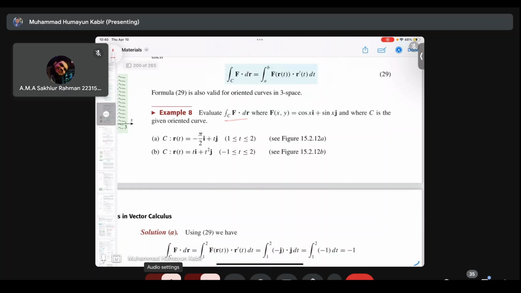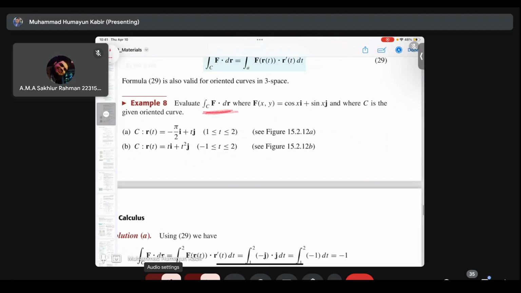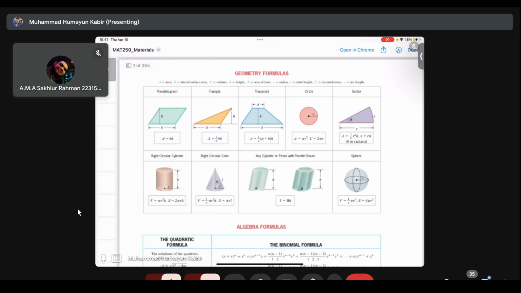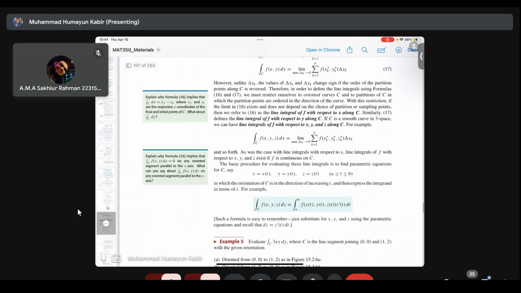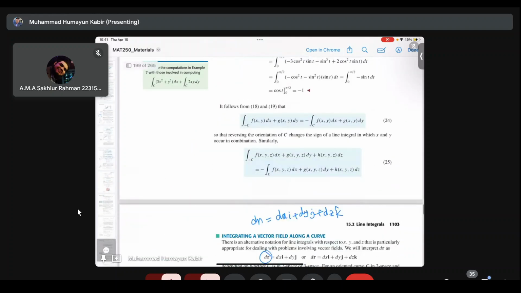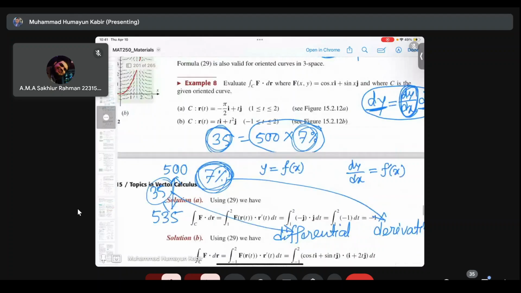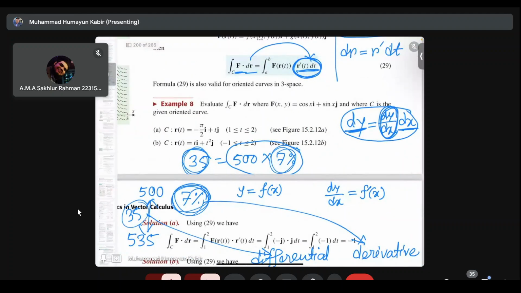Here you have to evaluate this line integral, and this line integral is in terms of a vector valued function. This is your vector valued function. So look at here.